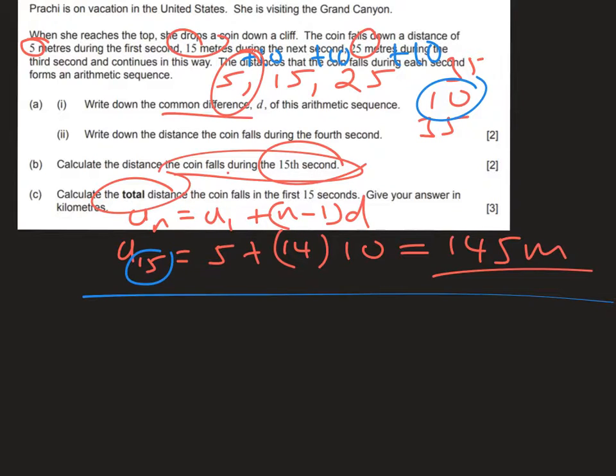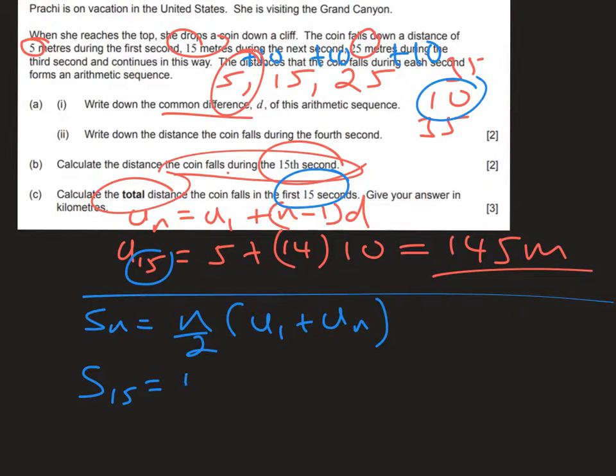So the formula, well, there's 2 formulas that we can use. The simplest one is going to be Sn equals n over 2 times u1 plus un. So we'll have to have a look if we can use that. Here we want to find the sum of the first 15 seconds.